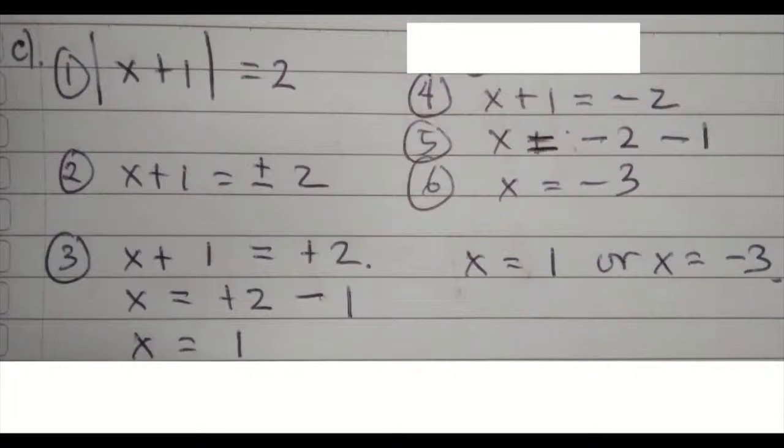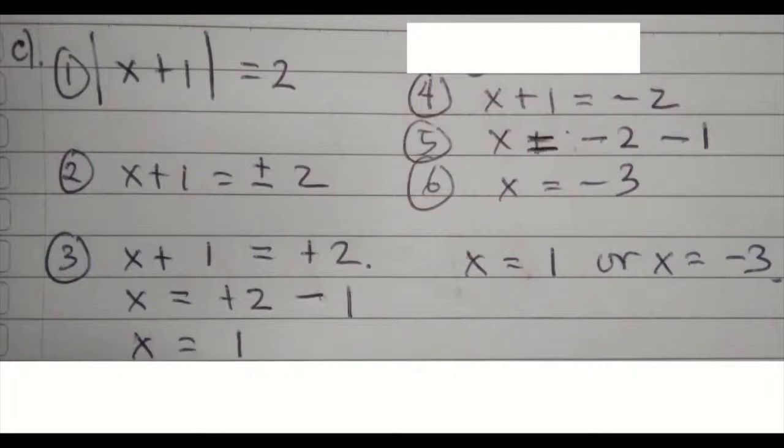Plus or minus is the interpretation of the absolute value bracket. So for the third step, we need to divide the process: we deal with the plus 2 first, and later we deal with the minus 2.